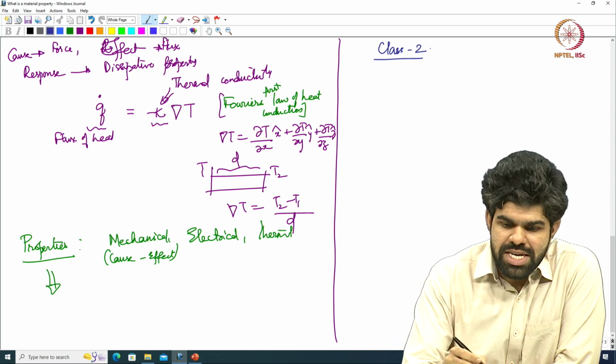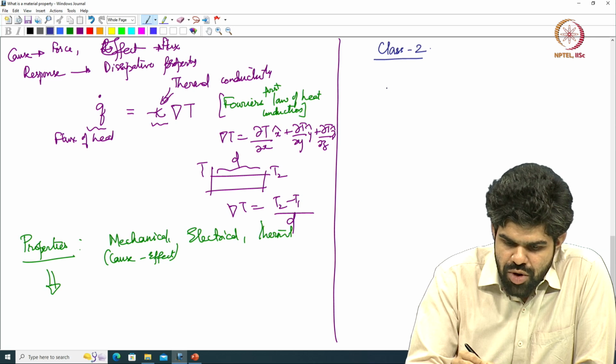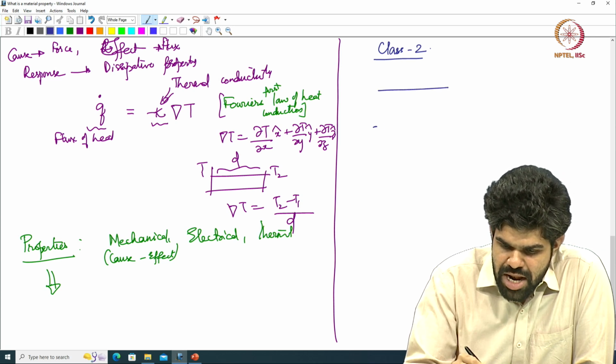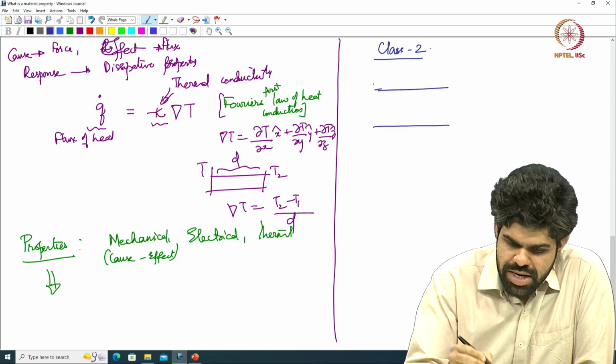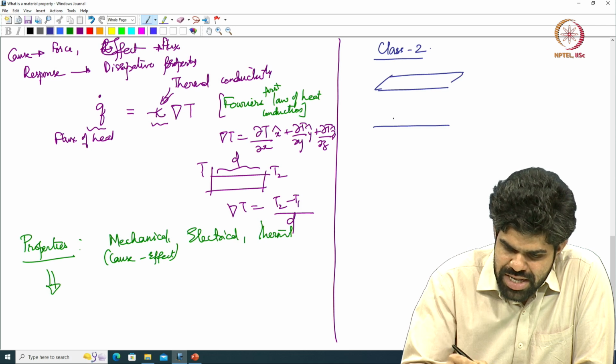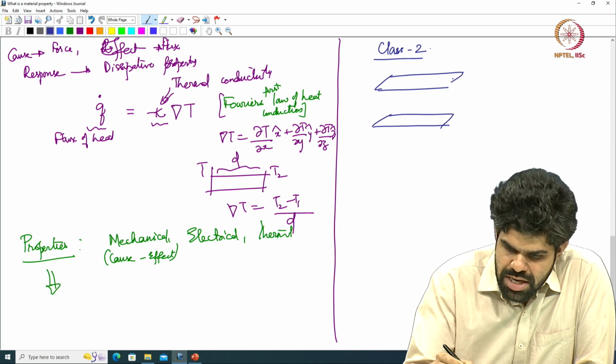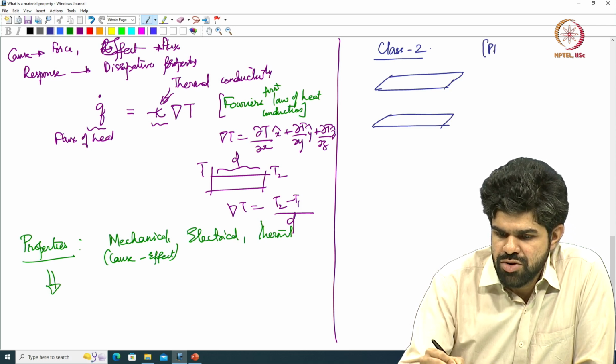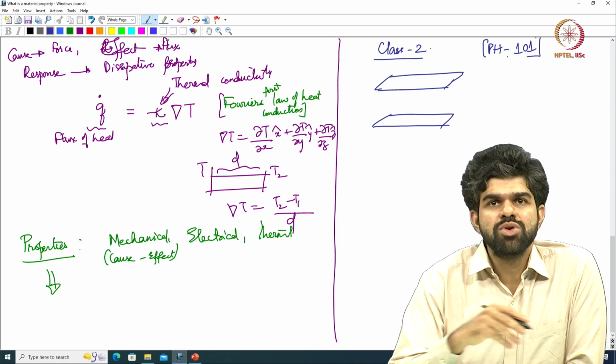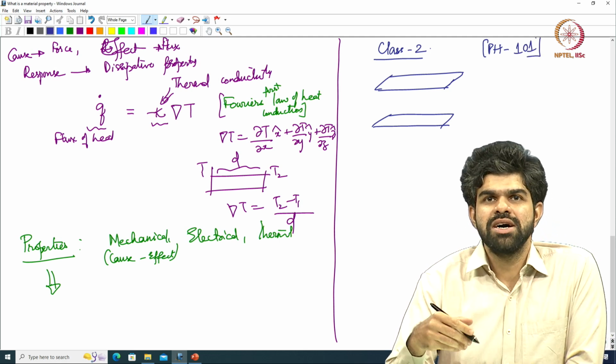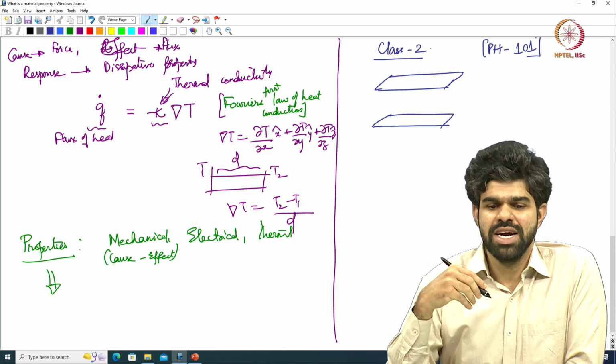Let us start this class by going back to our favorite example of a parallel plate capacitor. These are just two metallic plates. People do this in physics 101 courses. If you take a book like Griffiths' electromagnetics, this is very standard.